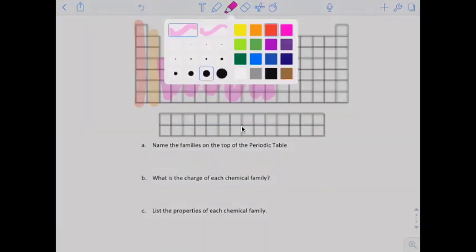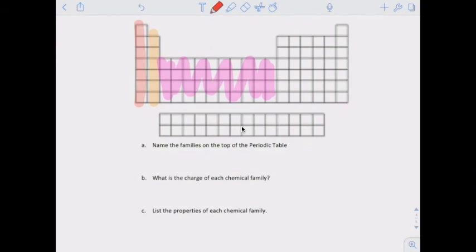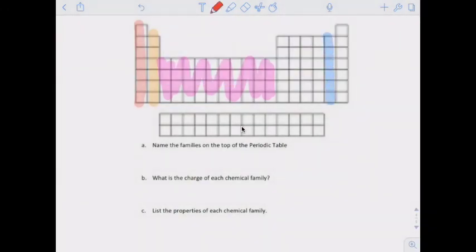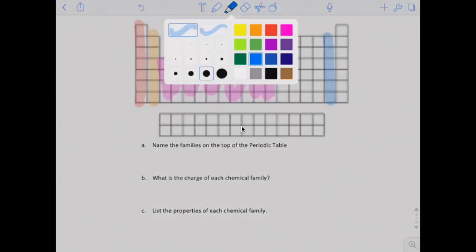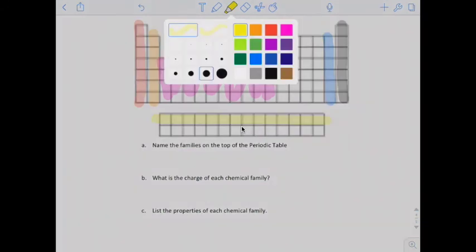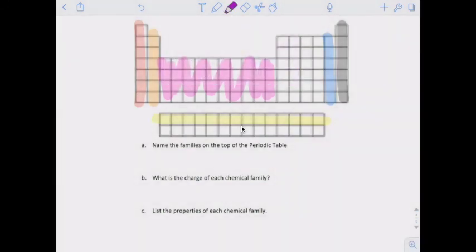And then the really big ones, remember that whatever element is on top, that could be like the oxygen family and so on, but really the only nonmetals we're concerned with are the halogens, and then the noble gases. And then on the bottom of the periodic table, we have our lanthanides and our actinides down here.